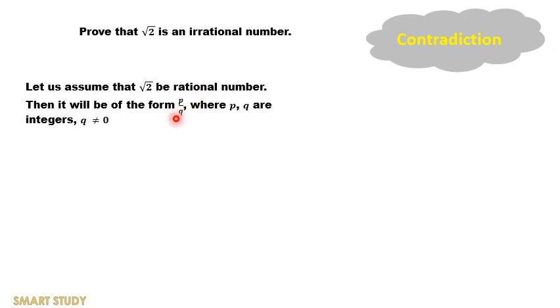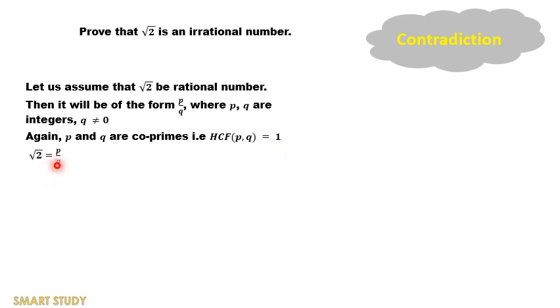If it is a rational number, then it will be in the form of p by q, where p and q are integers and q is not equal to 0. So p and q are co-primes because it is rational by our assumption. So HCF of p and q is 1, means they don't have any common factor other than 1.